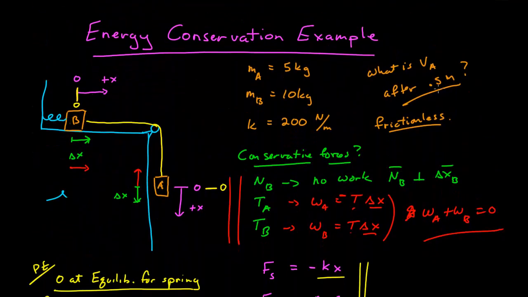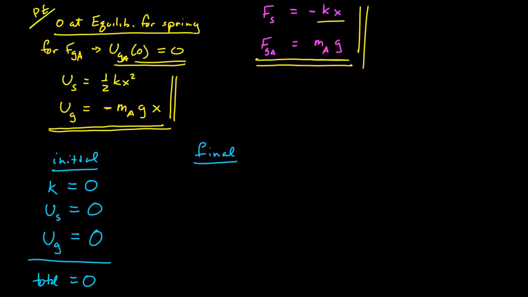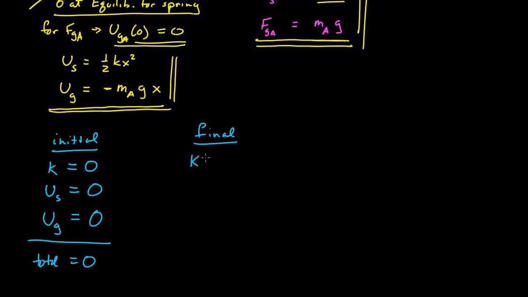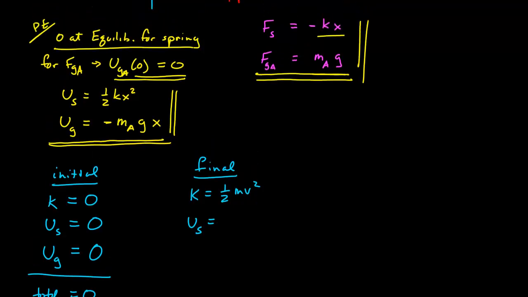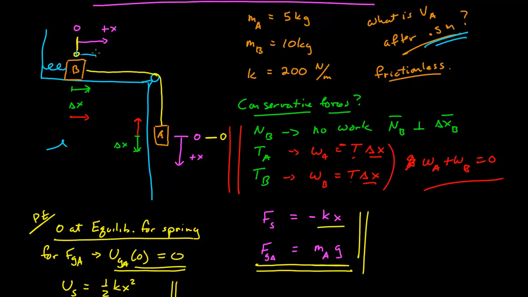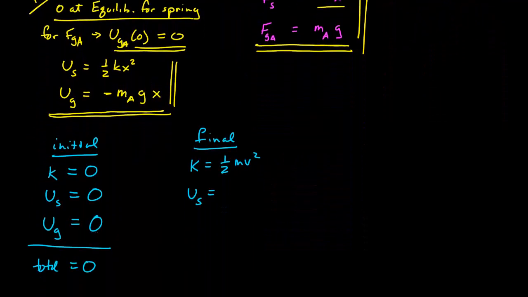My final instant in time, I'm looking for the velocity after the system has moved half a meter. So if it's moved half a meter, it has some kinetic energy, so it's moving at this point. Its kinetic energy is 1/2 mv squared. It has some spring potential energy, and so the spring is now extended by an amount d equal to 1/2 meter, so it's 1/2 k d squared, the amount that the system has moved.